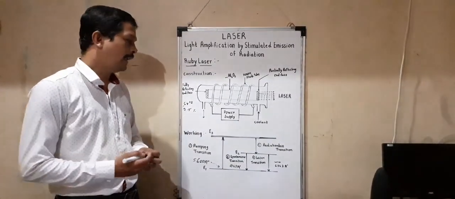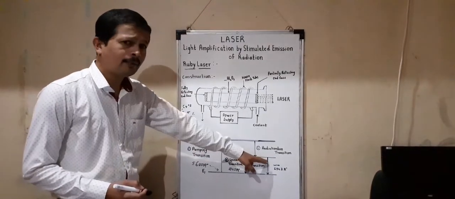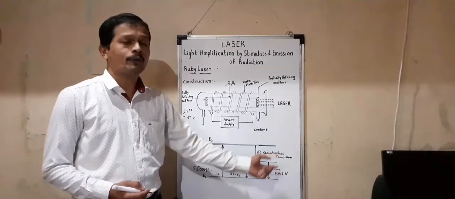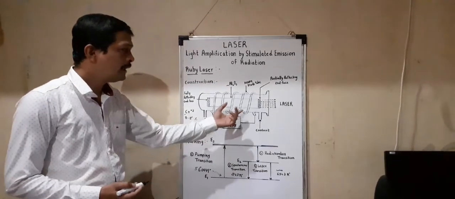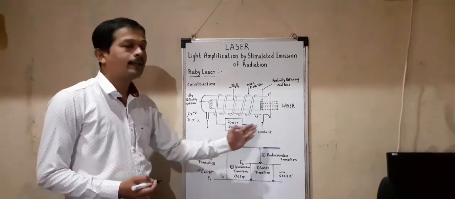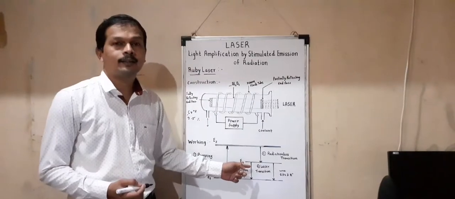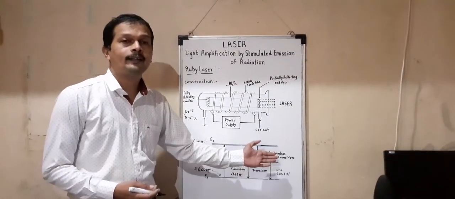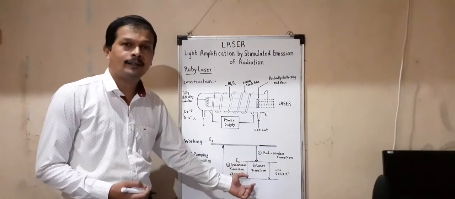The metastable state has a relatively longer lifetime, approximately 10 raised to minus 8 second. So the energy provided by the flash of the xenon tube excites the ions toward the metastable state. The number of ions in the metastable state increases and the number in the ground state decreases.